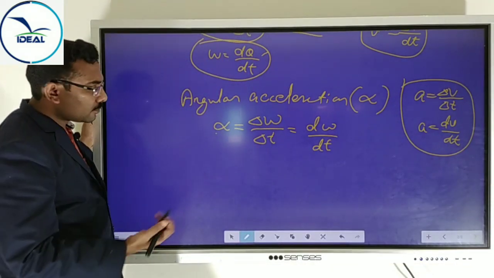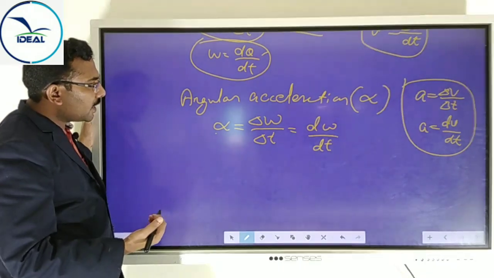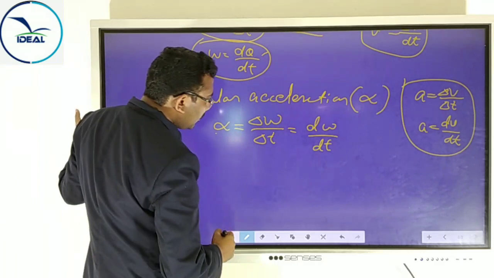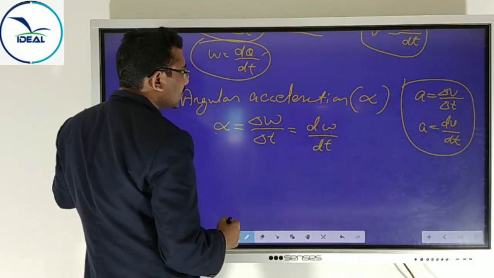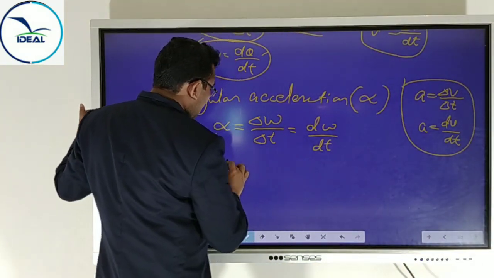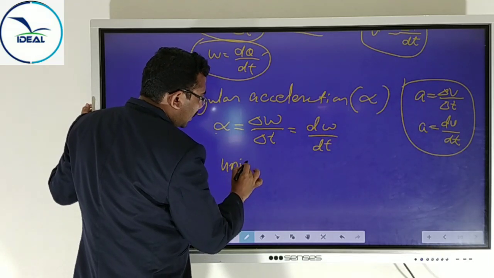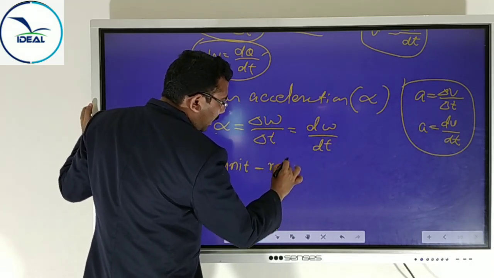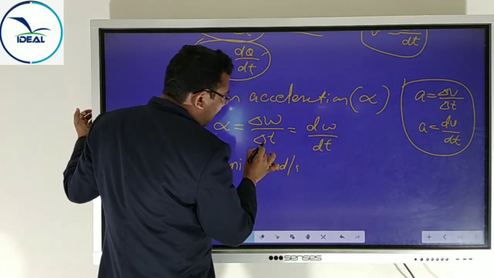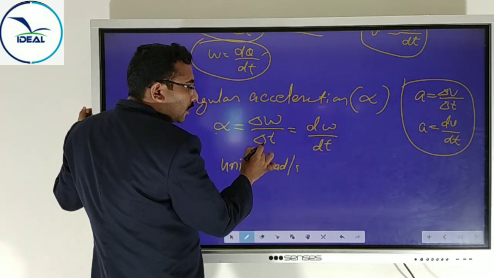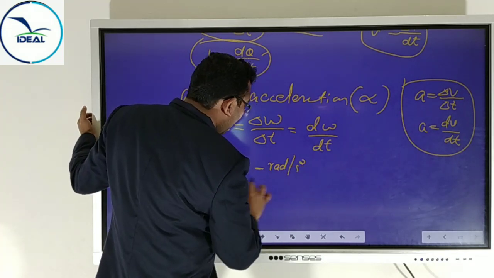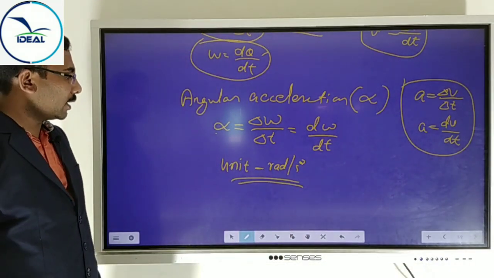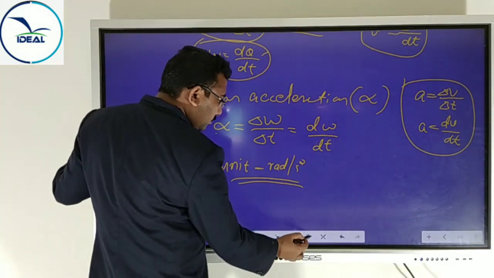We can say average angular acceleration, instantaneous angular acceleration, etc. What is the unit of angular velocity? Radian per second. And one more t here, that is second square. Radian per second square is the unit of angular acceleration.